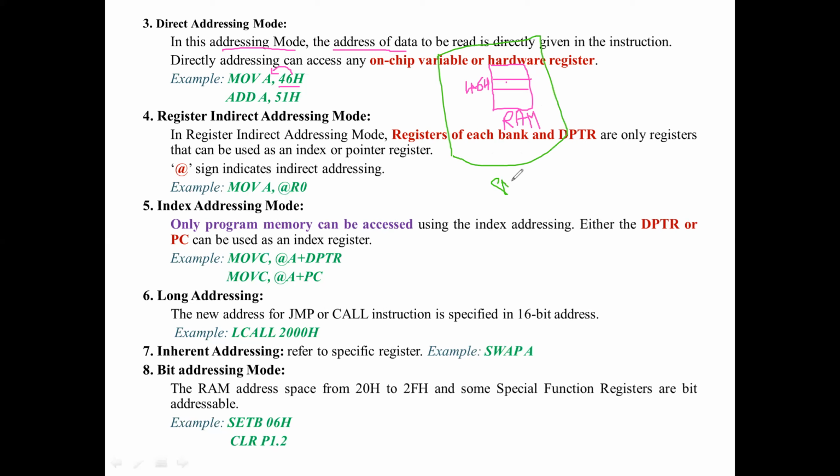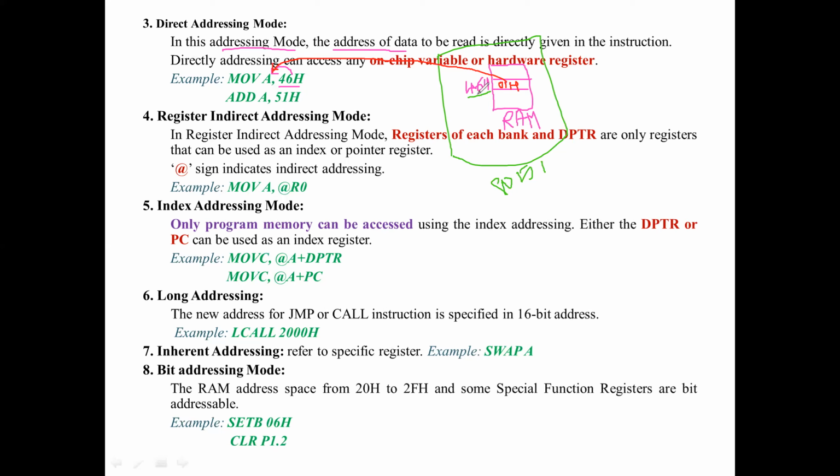Simple example, 8051. So this is the address, 46H is the address. Let me take 1H as my value. So this data, 1, is moved to the accumulator.